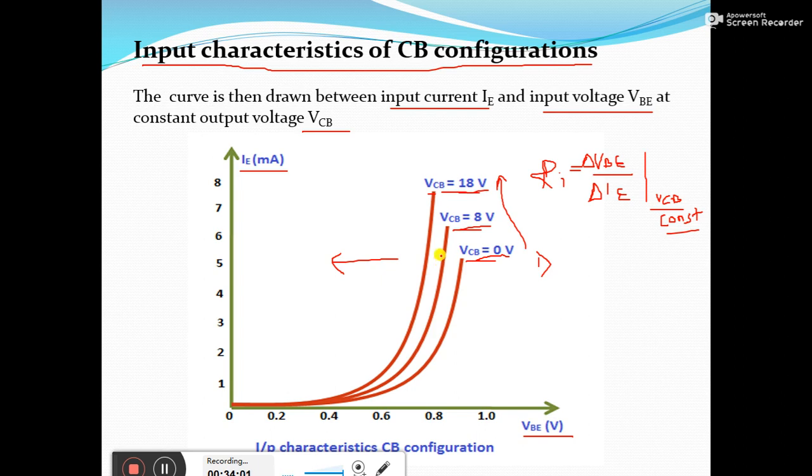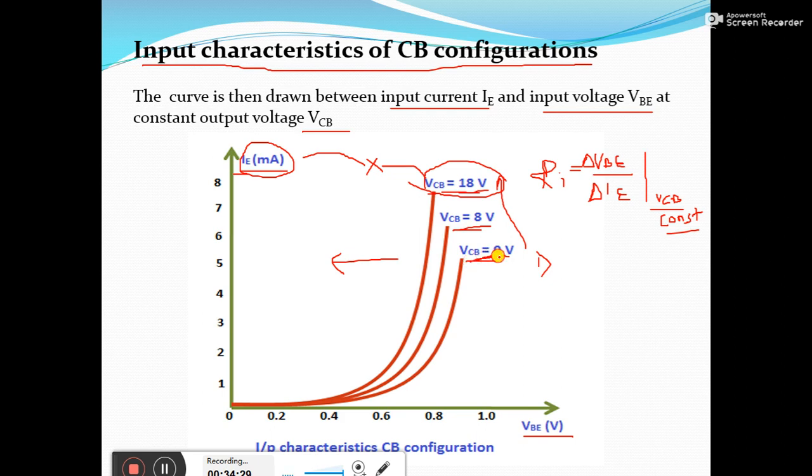And the third point: it can be observed that there is a slight increase in the emitter current. You can see the emitter current is slightly increased with an increase in VCB value. Thus we can say IE is independent of VCB, because only a slight increase in the current is observed here.